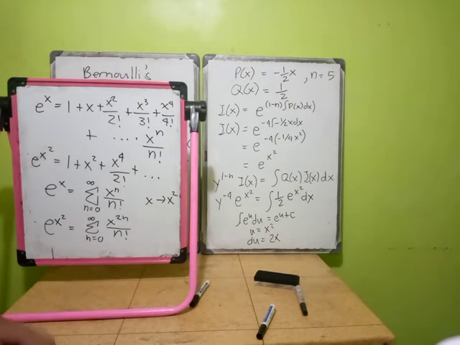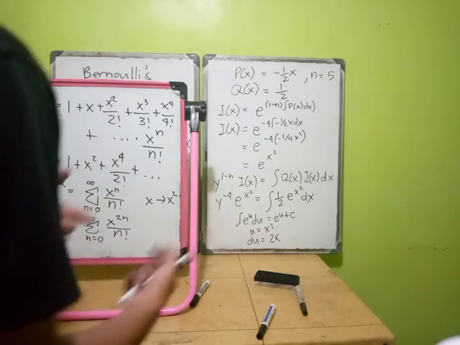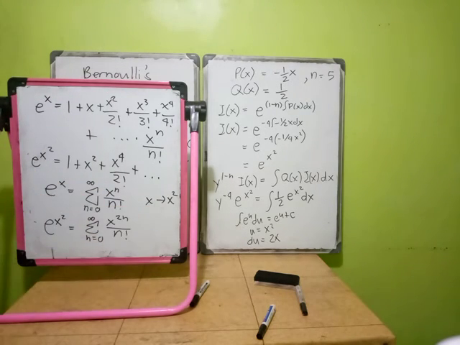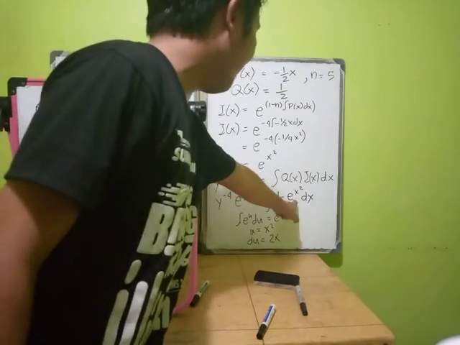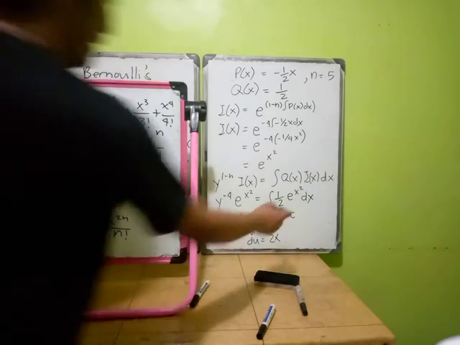Pasensya na, sinadya ko talaga na maging mahaba. Ilalagay ko in another video para ma-discuss natin ang properties niya. So, sir, you might ask, anong kinalaman nito para ma-solve natin itong problem?